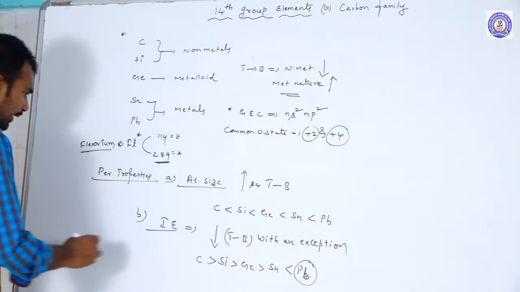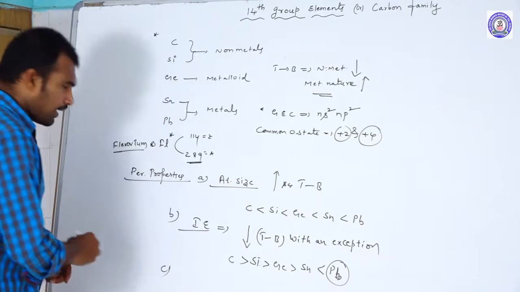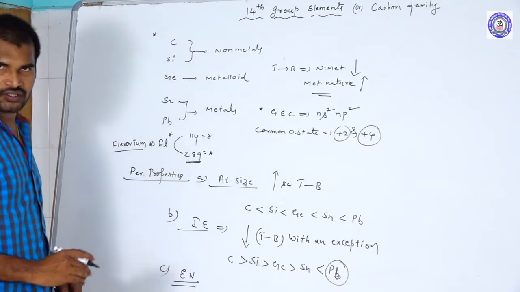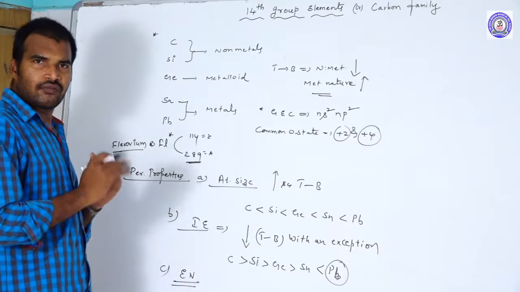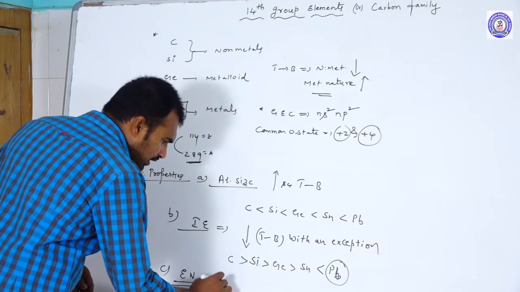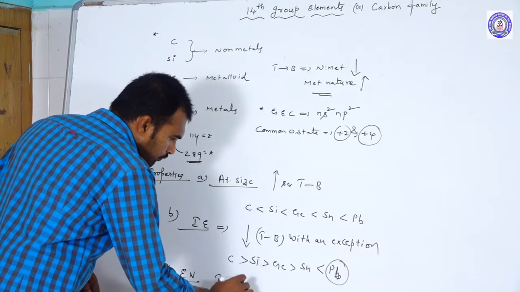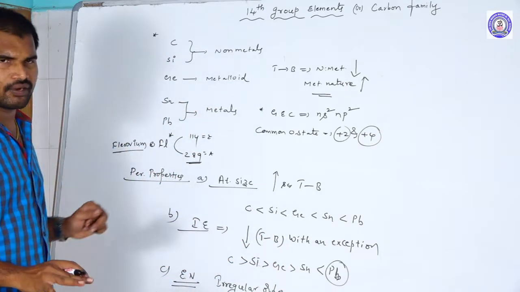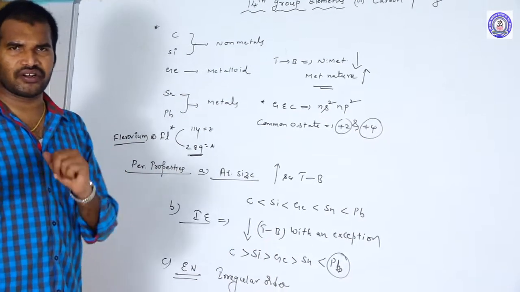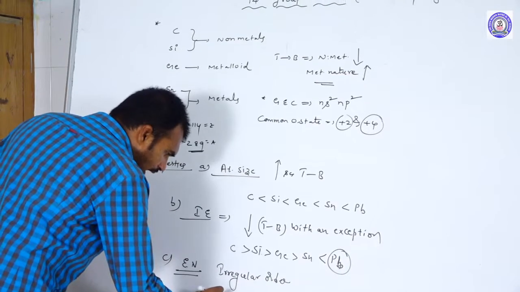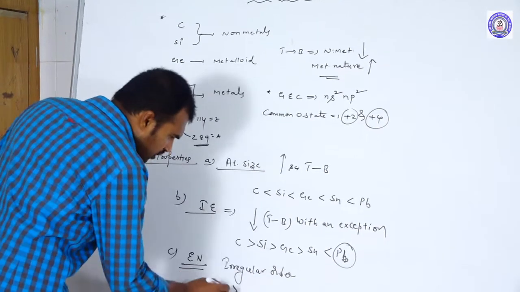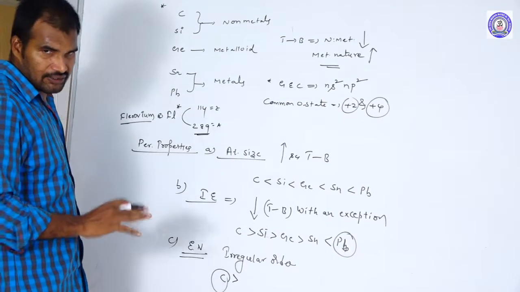Okay, clear? Next, third, electronegativities. The electronegativities will not show the regular trend. The electronegativities of the carbon family are irregular, because they don't follow a regular order. Usually electronegativity decreases down the group, but carbon is exceptionally having high electronegativity in this group.